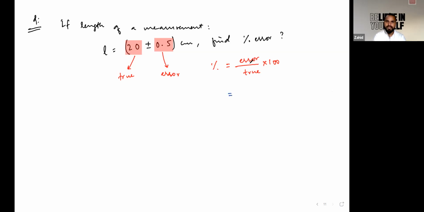We have in this part, error is 0.5, true value is 20, multiplied by 100.